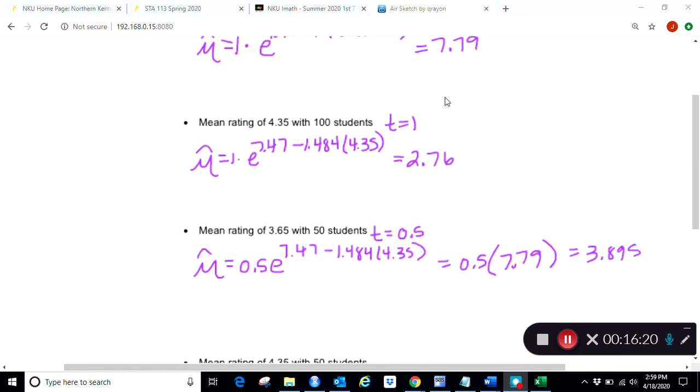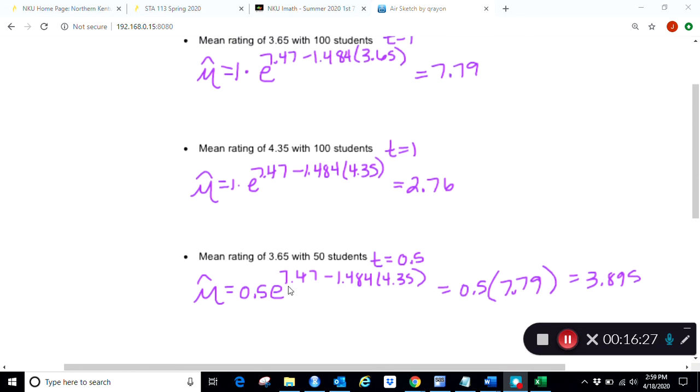So I would expect half as many negative comments with 50 students as I did with 100 students for the same mean rating. That's why those turn out to be that way, because it's the exact same mean rating.